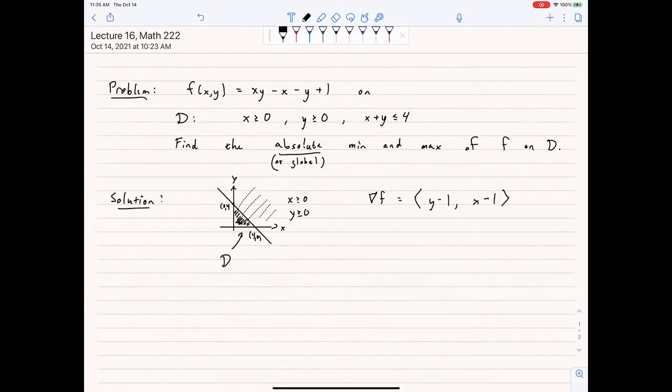And we want to set this equal to 0 to find critical points. So it's pretty clear, we have to solve both of these equations simultaneously. The only solution is that (x, y) is equal to (1, 1). Not a hard example here.